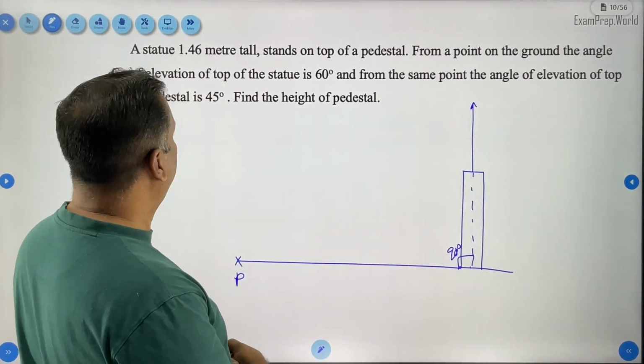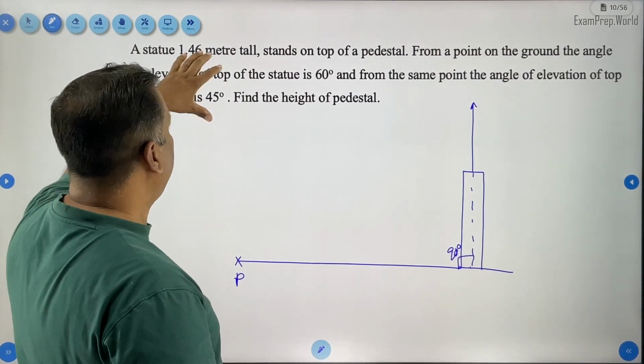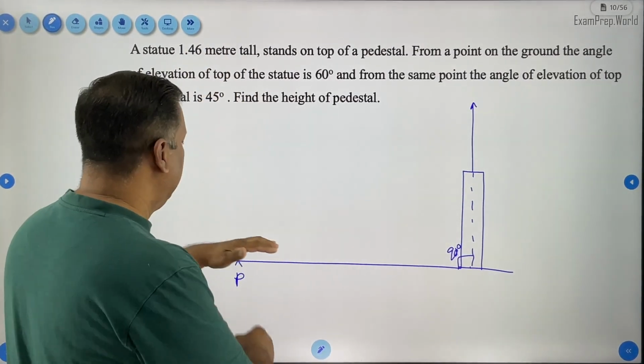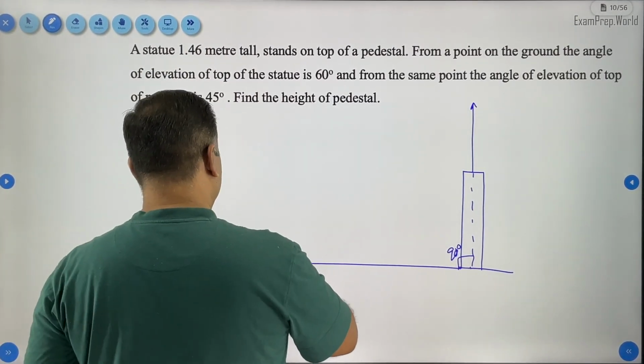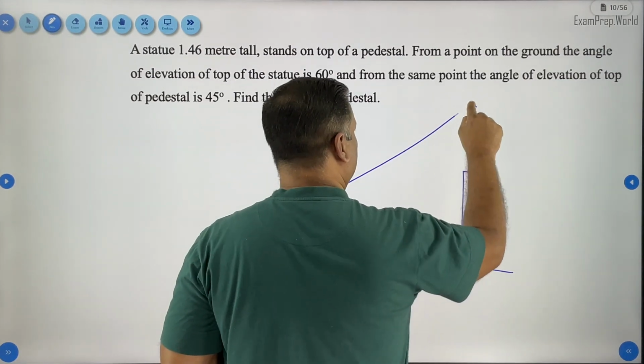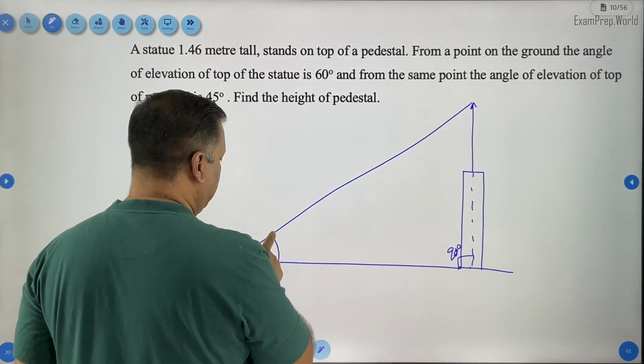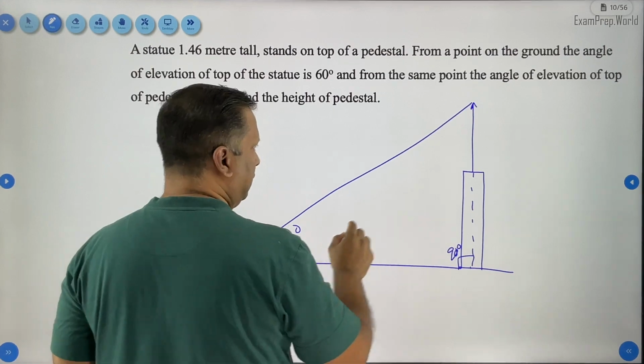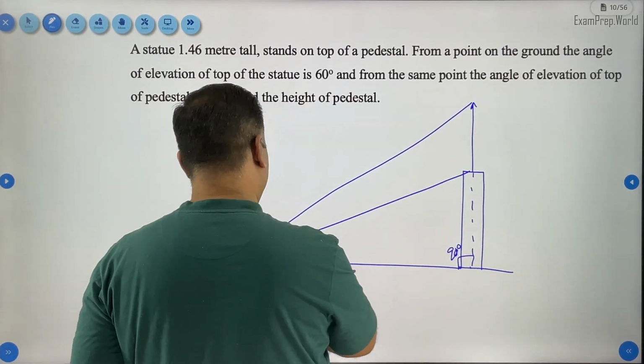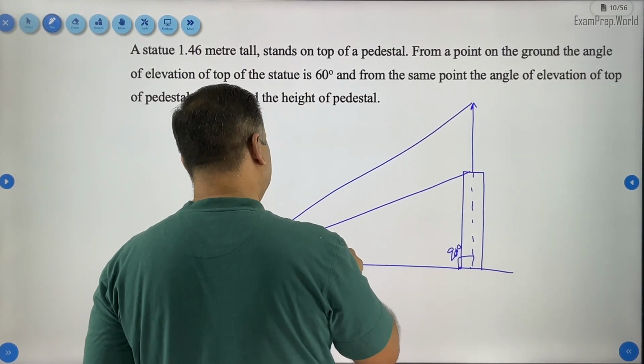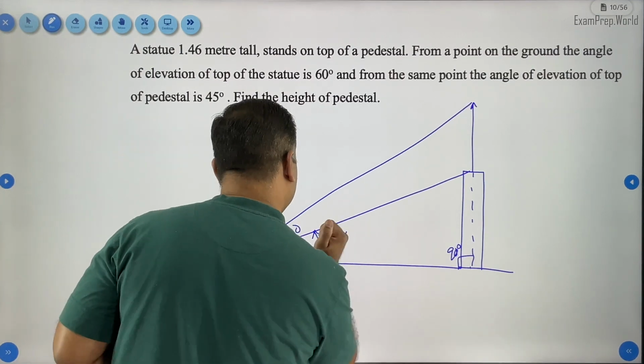From the point, the angle of elevation of the top of the statue is 60 degrees and of the bottom of the statue, this angle is 45 degrees.